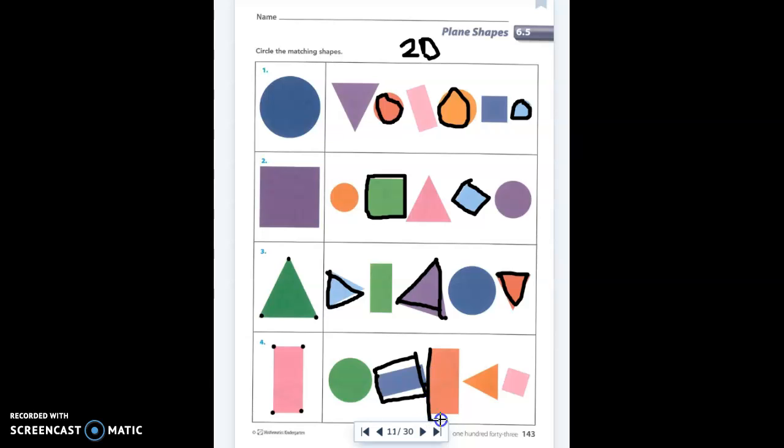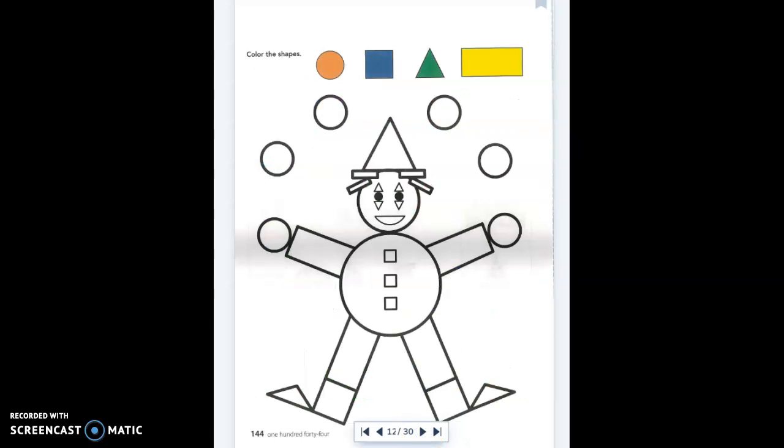Here's another rectangle. 2 long sides on the side, and top and bottom are shorter. Now, here's one over here. Is this guy at the end a rectangle? No, because all 4 sides are equal. This one is a square. Okay? Flip your page over, and let's keep learning about our shapes.